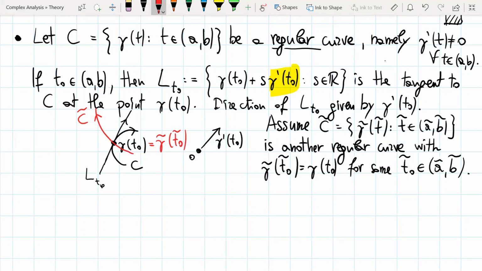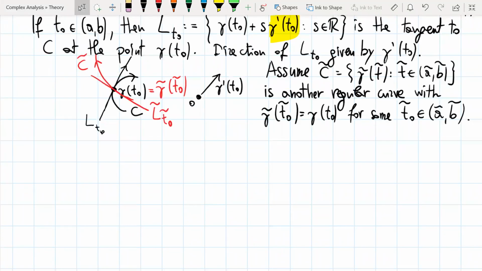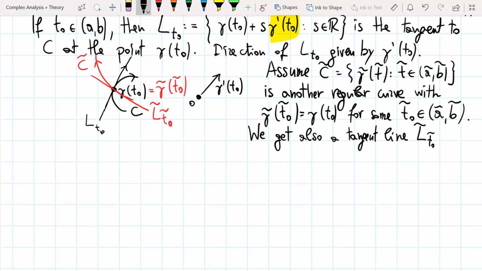And then for this curve, we can also define a tangent line L tilde(t0 tilde) to C tilde at the point gamma tilde(t0 tilde).